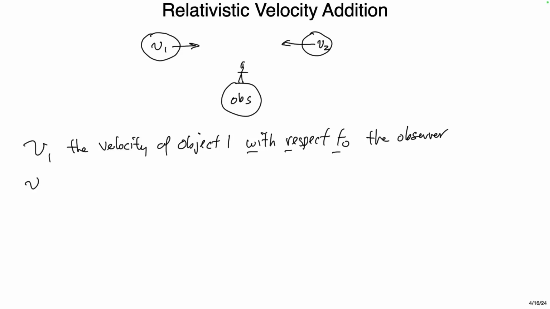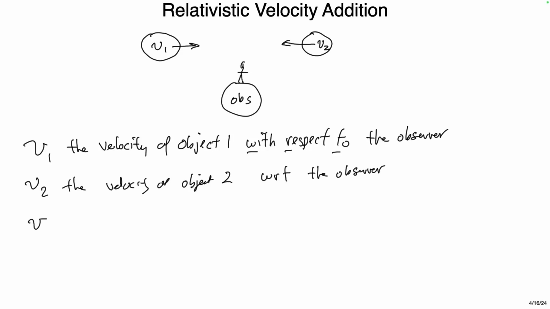Okay. V2, you want to guess what V2 is? You got this. What is it? It's the velocity of object 2 WRT, what does WRT mean? With respect to the person who's measuring, the observer. Okay?